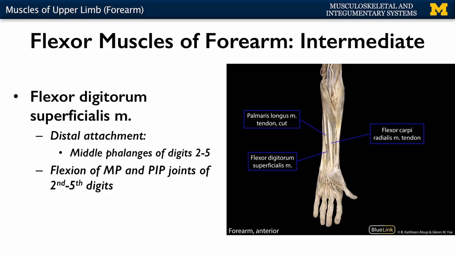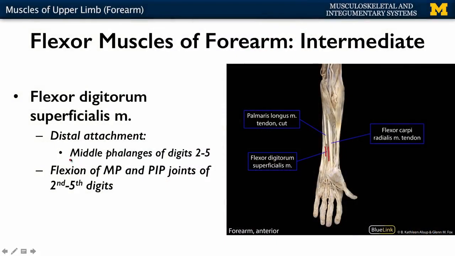Now, if you move those muscles out of the way, and you can even see it a little bit with the tendon still there, you're going to have your flexor digitorum superficialis. And this is a very wide muscle, one of the largest muscles in this region. And you're going to have a flexor digitorum superficialis and profundus. Profundus will be deep. The biggest difference between these two muscles are their distal attachments.